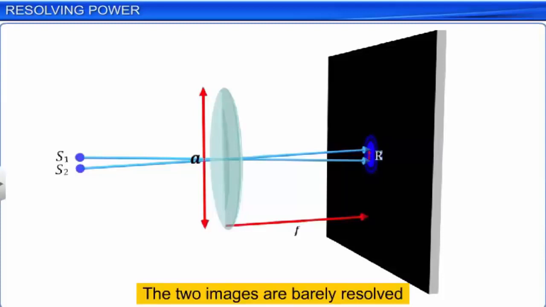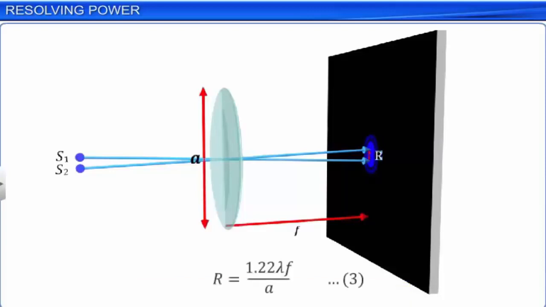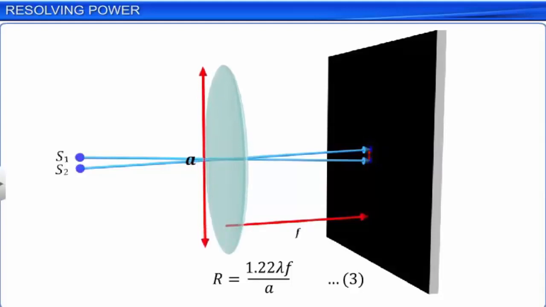But as per equation 3, the radius of the central bright disk is equal to 1.22 lambda f by a. Hence, increasing the diameter a of the lens decreases the r value and, as a consequence, increases the resolving power of a lens.